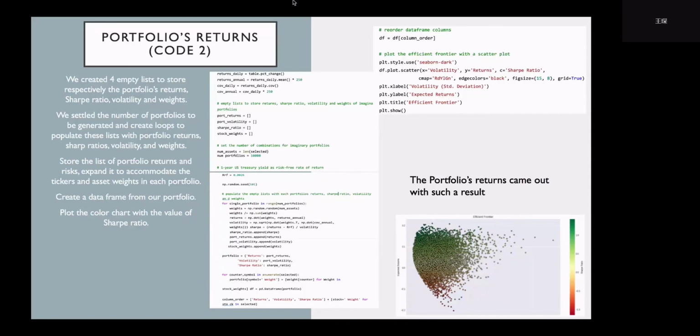When this is done, we will create a portfolio to store the list of portfolio returns and risks and expand it to accommodate the tickers and asset weights in each portfolio. Next, we create a data frame from our portfolio, and then we will be able to draw a color chart with the value of the Sharpe ratio. The code would be followed on your right hand. You can just pause and read it.